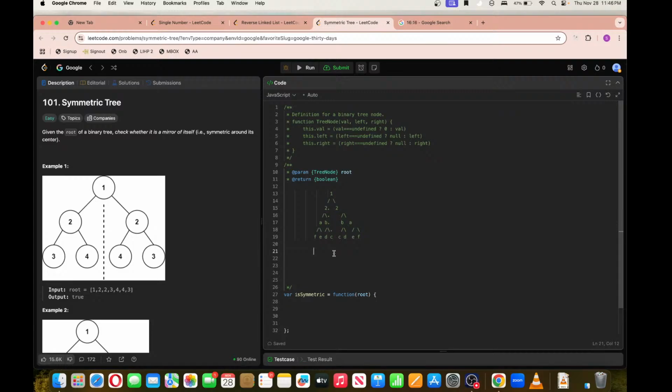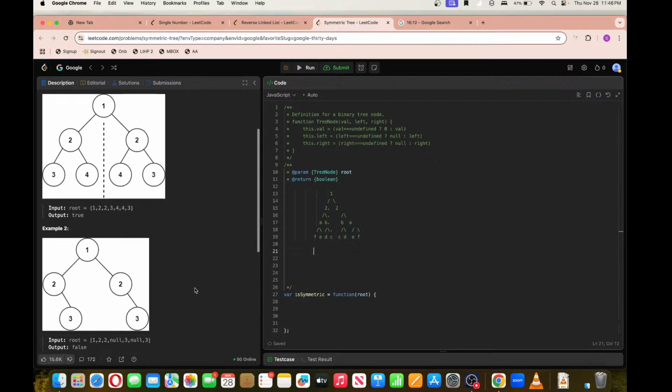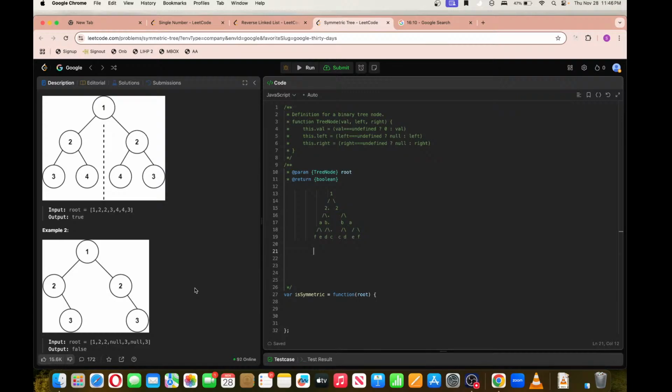But if I do BFS, then how do I know which exactly is the center? That is the biggest dilemma, I guess. So if I'm doing a BFS solution, then will I know what the center is? So one is a BFS solution and another is a DFS solution.